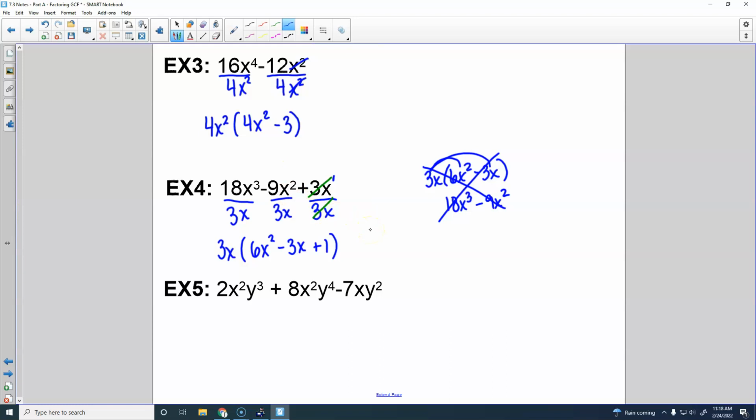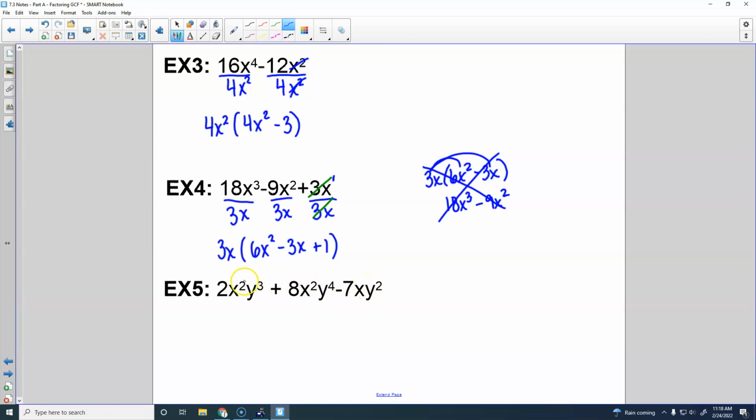All right, let's look at 5. So, Julian, are there any numbers I can divide all of those by for those coefficients? 2, 8, and 7? No. So you do not have a greatest common factor as far as that. You want to look at x's and y's separately. So you're looking for your lowest exponent of your x's.